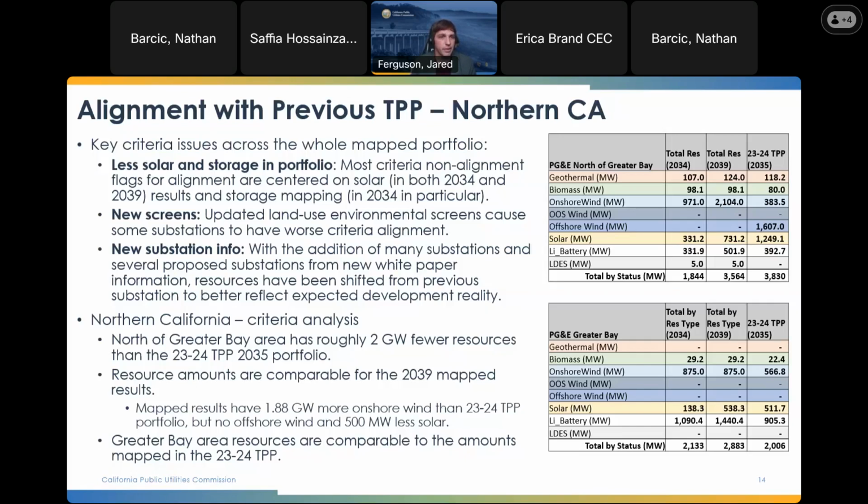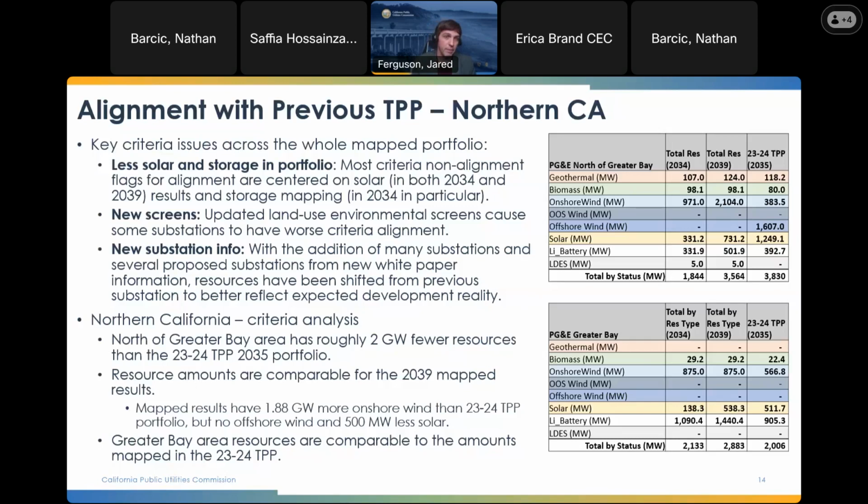And this last point is not so much a shifting of resources, it is a shifting of the name of the substation that the resource is interconnecting to. We have the new white paper, which has a lot more substations included in the analysis, and we've also included a few proposed substations based on the ISO study of the interconnection queue.